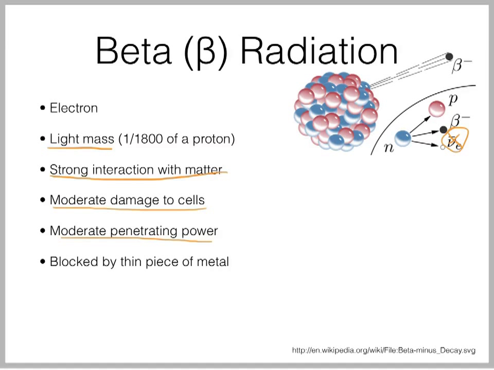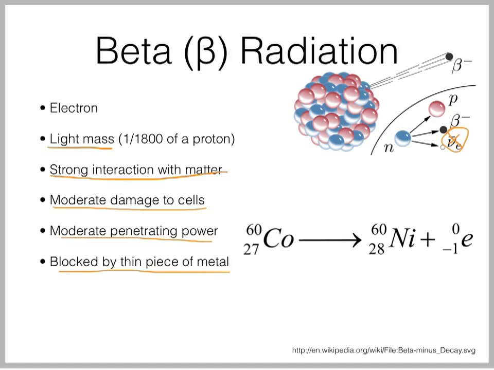You think alpha particles, it's 2 protons and 2 neutrons, it's a fairly big particle. A beta particle is just an electron. It is absolutely tiny, and that means it's got a reasonable penetrating power. In terms of penetrating power, beta particles are blocked by a thin piece of metal. Here we have a decay equation for the beta decay of cobalt-60.